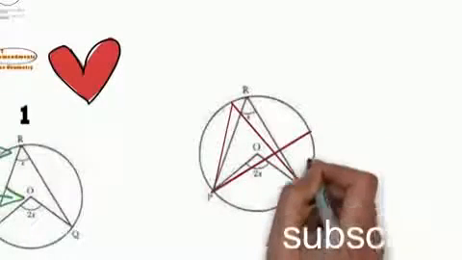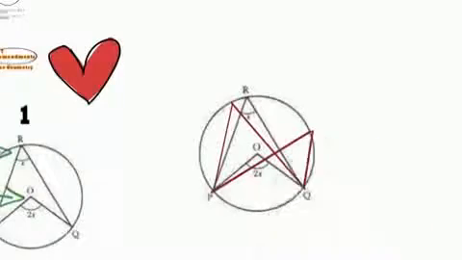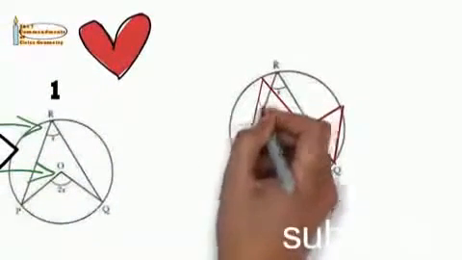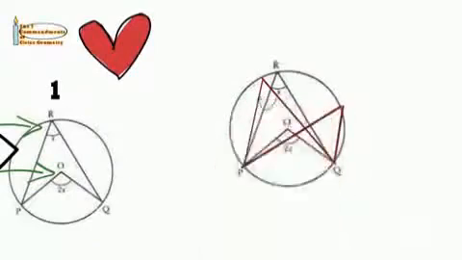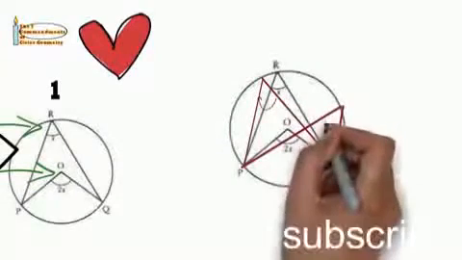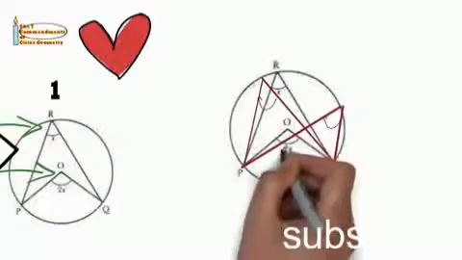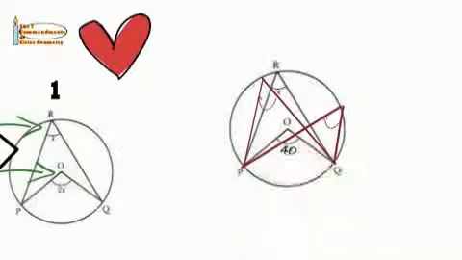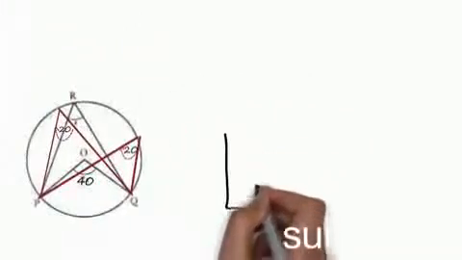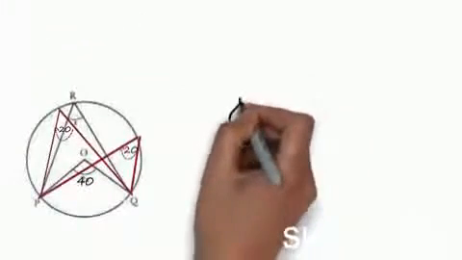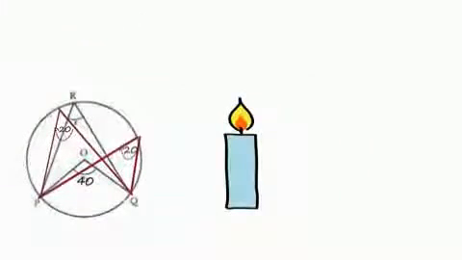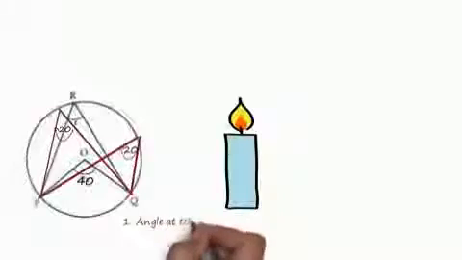They will try to mix up everything, but the rule is still the same. The angle at the circumference, and also at that circumference, if it's x, it means the angle at the center is twice. So if that's 20, the angle at the center is definitely 40. So this is the first commandment.